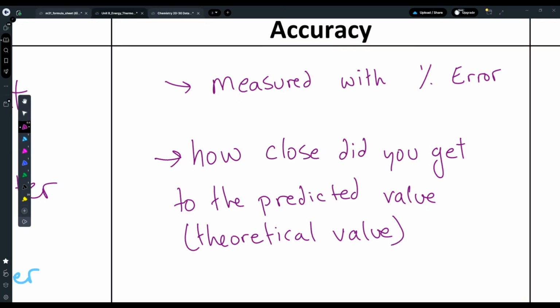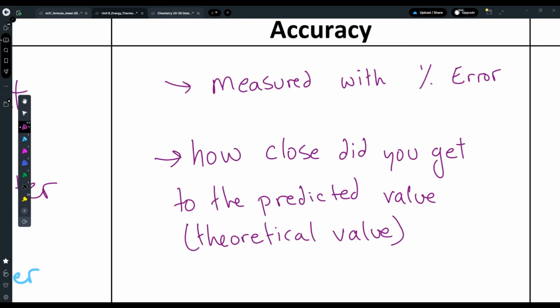However, if you do your experiment and the amount of product that you got was way off from your predicted value of how much product you're supposed to get out of that experiment, then you're going to have a larger percent error because you didn't get very close to the theoretical value that you should have gotten.